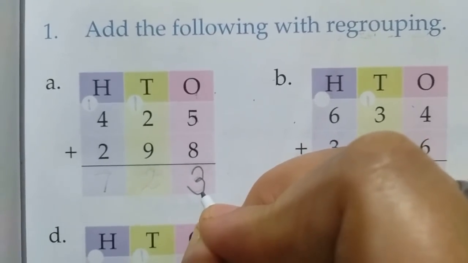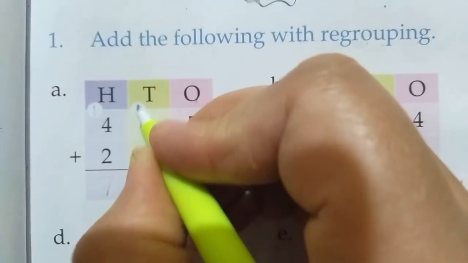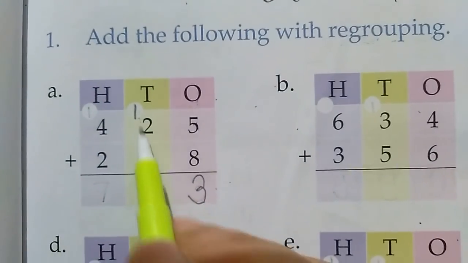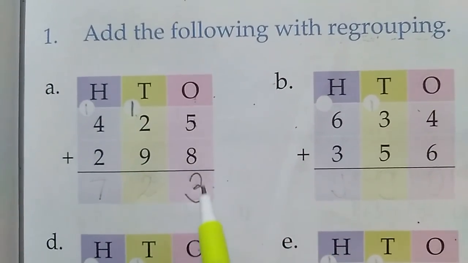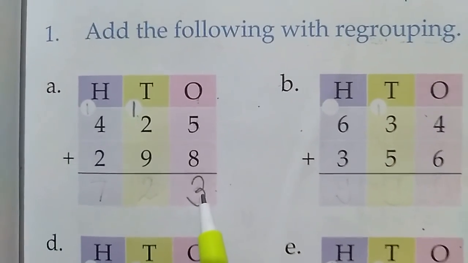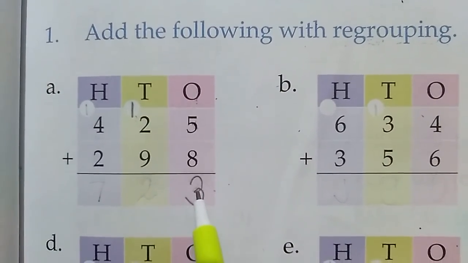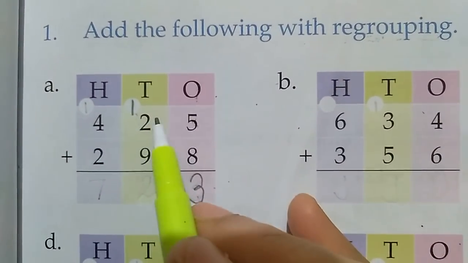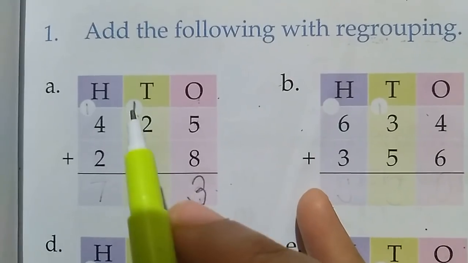So we will write here 3, and at tens place we have 1, which we will take here as carry. Now you can see 1 3 13, and I told you when we get a 2-digit number, in that case the number at ones place we write and the number at tens place we carry forward to the next place.